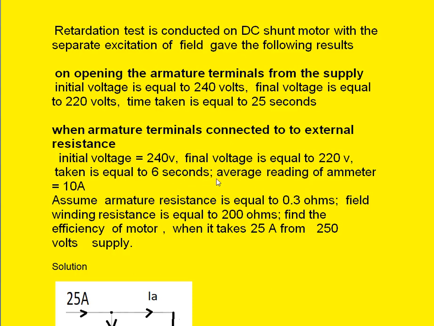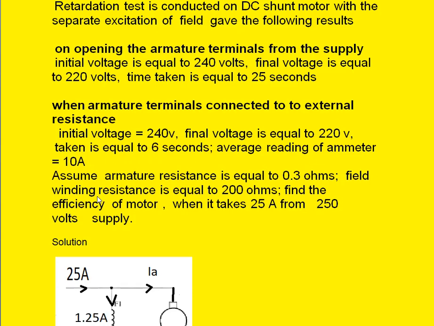That is 6 seconds. So here, average reading of the ammeter means at the beginning when the armature is connected to the resistance, there will be a current flowing, that is I1. Similarly, after 6 seconds we get another current, that is I2. The average of that I1 and I2 is shown here directly as 10 amperes.